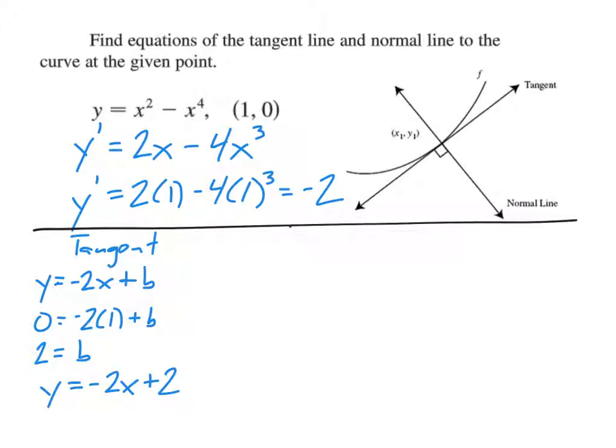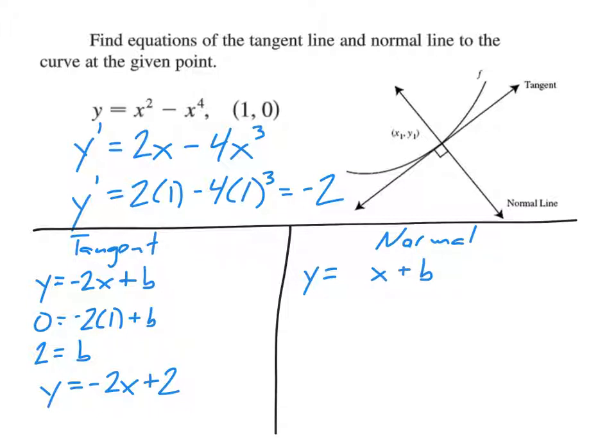We're going to repeat the same basic process for the normal line, where I'm going to start with the general equation y equals the slope times x plus b. But what is the slope of my normal line going to be? Well, for this we need to go back basically to geometry days, because you probably haven't had to use it much since then. The slope of perpendicular lines are opposite reciprocals. That is, flip the sign and flip the fraction.